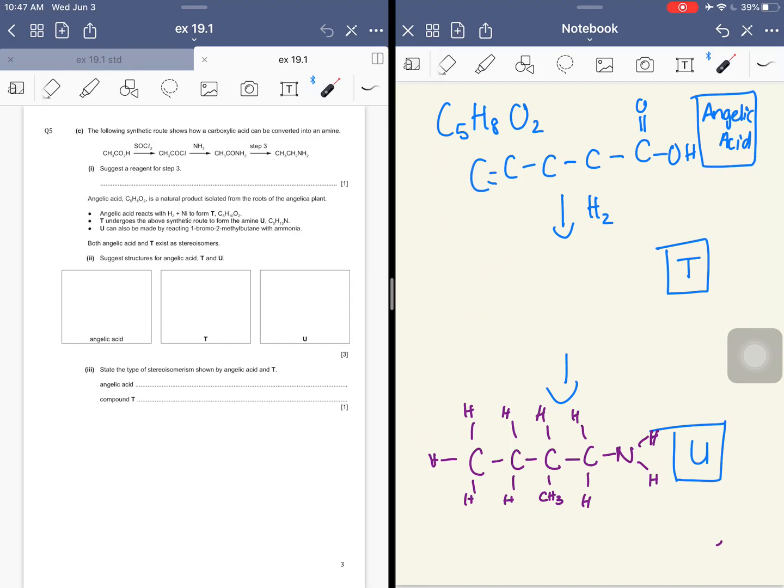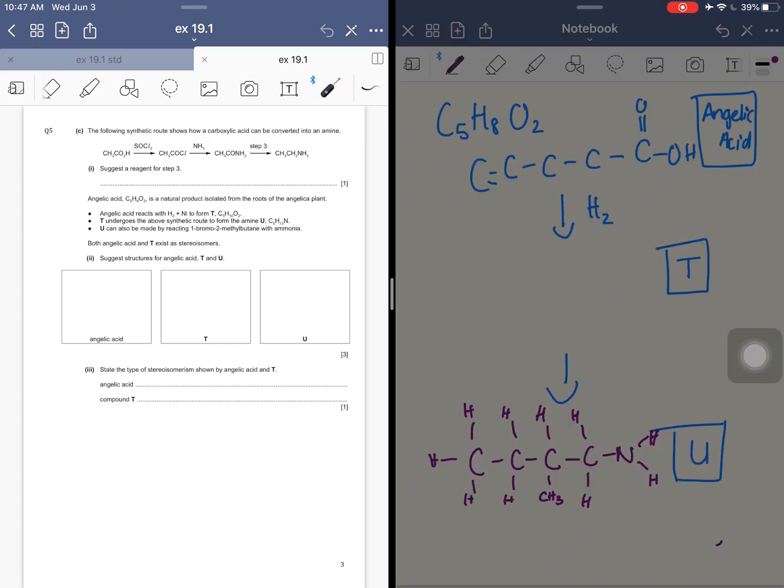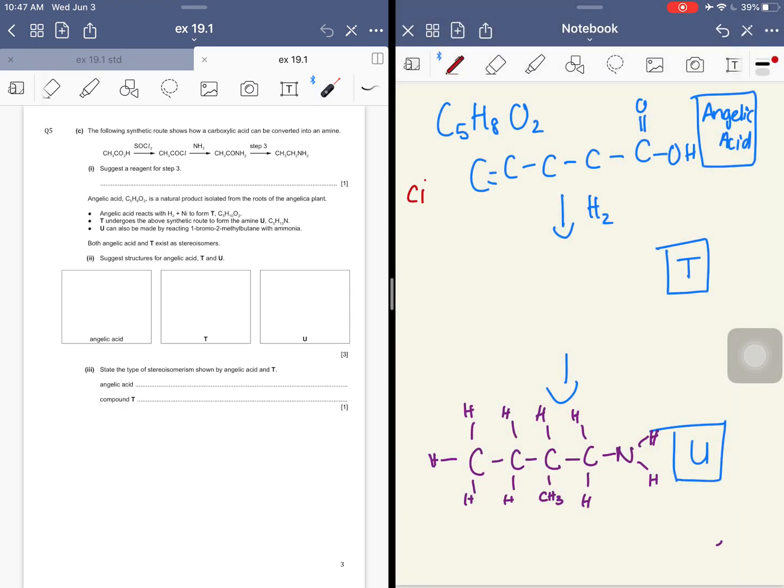Now, what are stereoisomers? Stereoisomers are cis-trans and mirror. In angelic acid, again, this structure is not the correct structure yet, right? You'll have to figure out where the double bond is. I can tell you that the stereoisomer in angelic acid must be cis-trans.